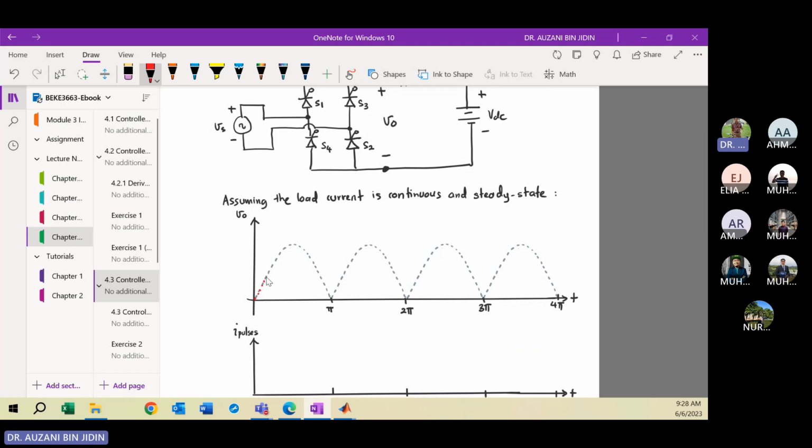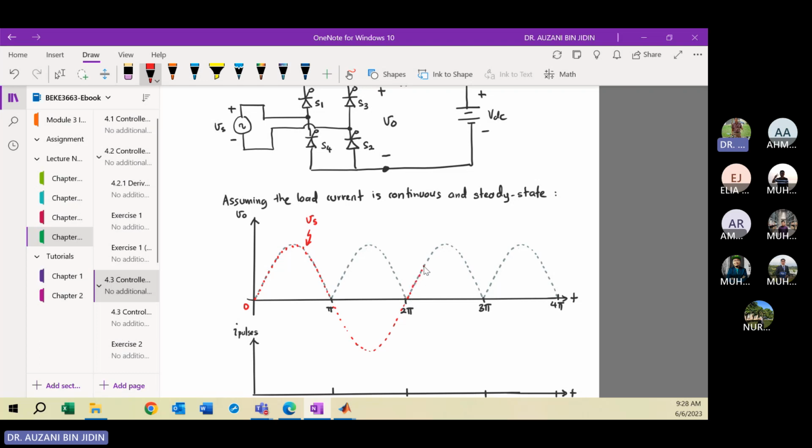I put the dotted line here. Okay, so this is your source, for the first half cycle from 0 to pi. Then for the second half cycle from pi to 2 pi, you have the negative, right? Because this is the sine function. The dotted red color is just your source. So maybe we can extend for the next cycle.